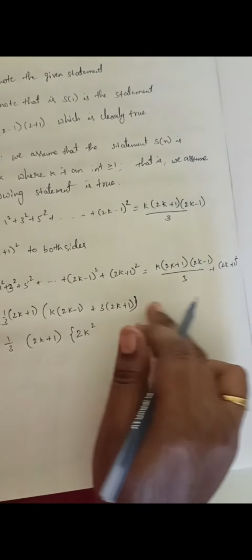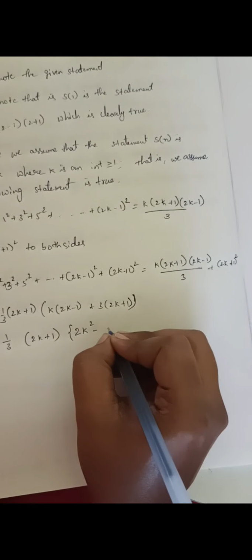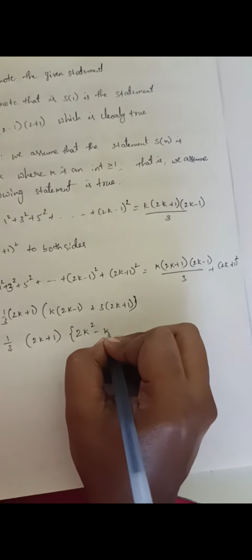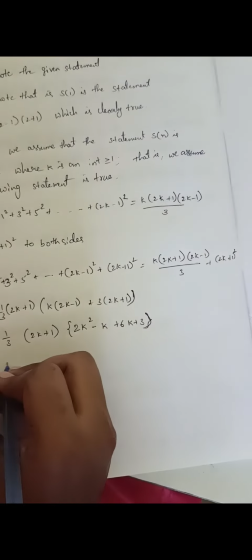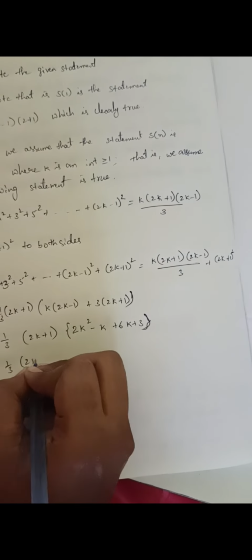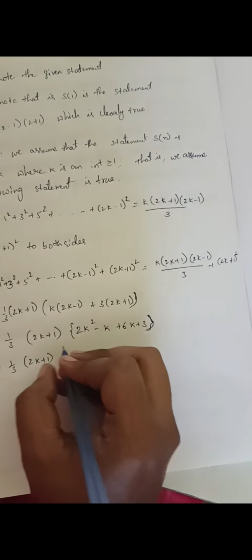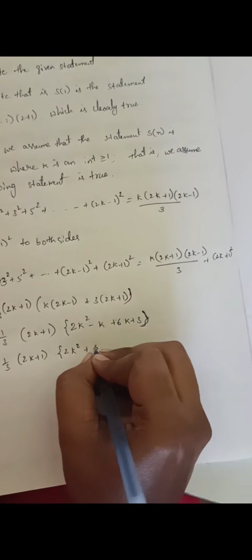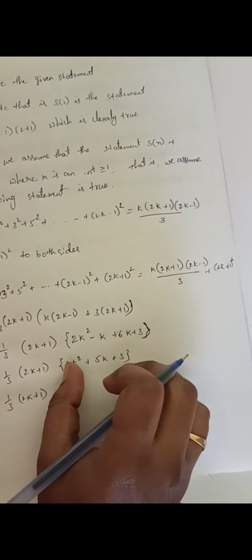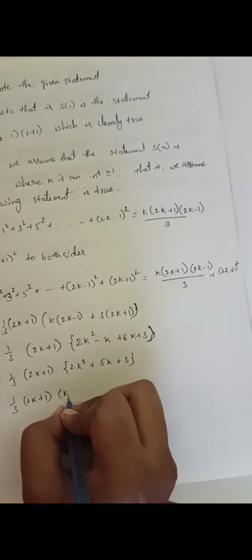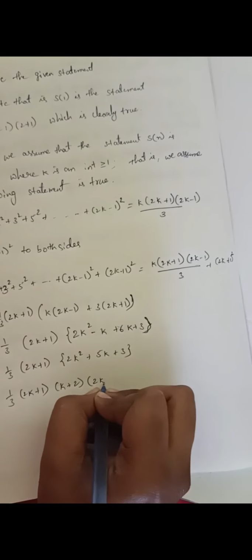Then multiply this: 2k square minus k plus 6k plus 3, 1 by 3, (2k plus 1). This simplifies to 2k square plus 5k plus 3, 1 by 3, (2k plus 1). By factorization we get (k plus 1)(2k plus 3).